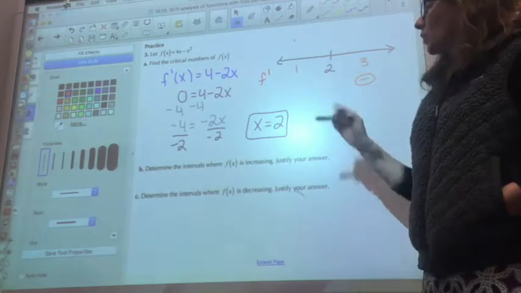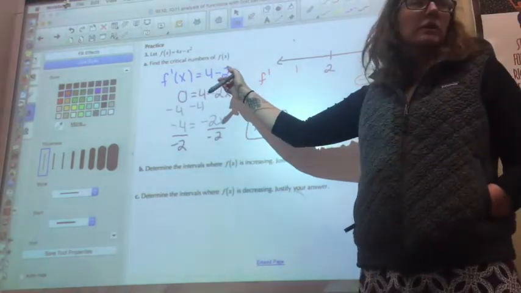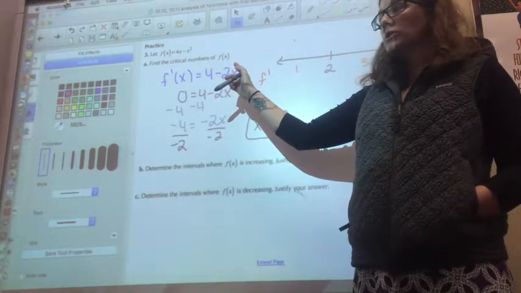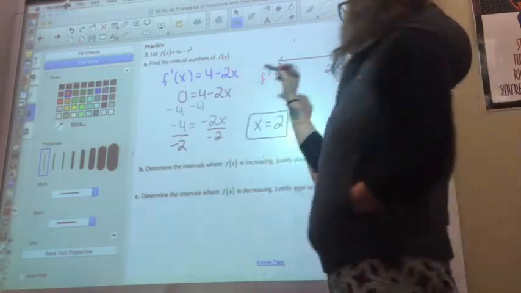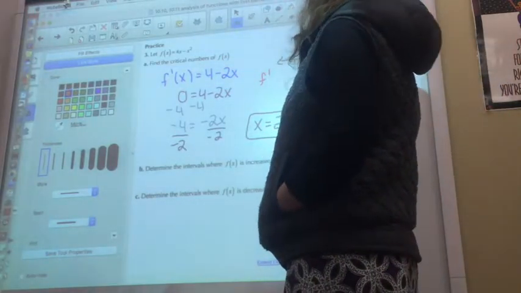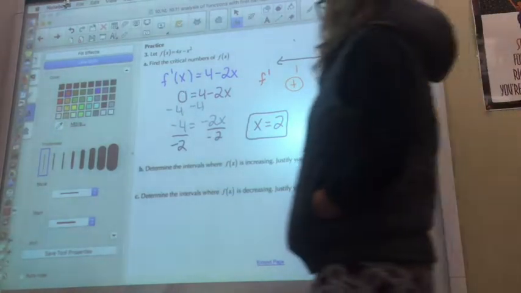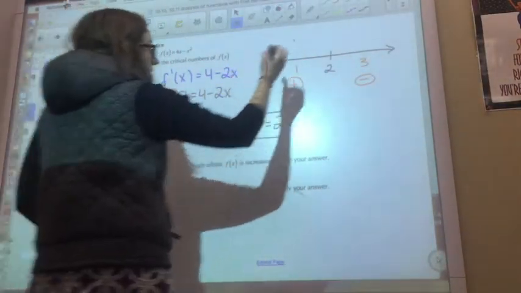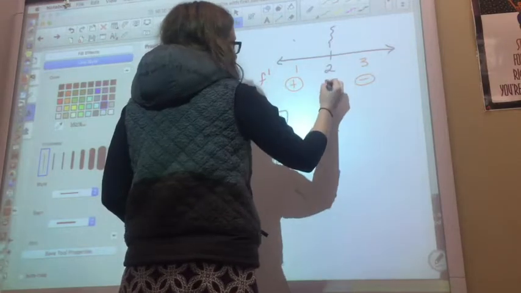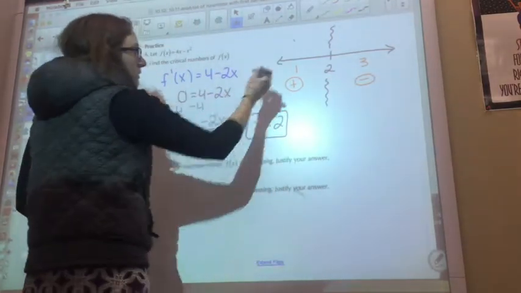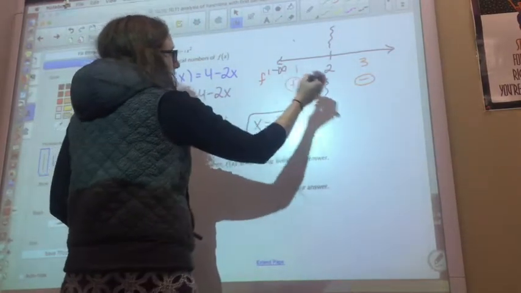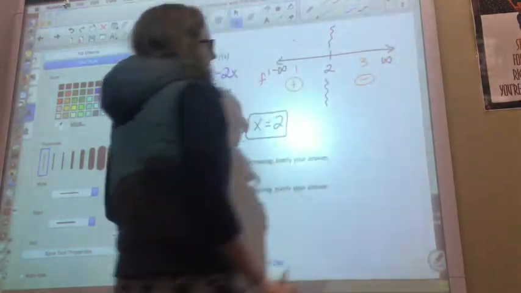So if I plug in 1, what's 2 times 1? And 4 minus 2 is positive. So we know that f prime is positive on that side. And this value of 2 that we drew in here is what's going to split up our intervals. Over this way we have negative infinity, and over this way we have positive infinity.